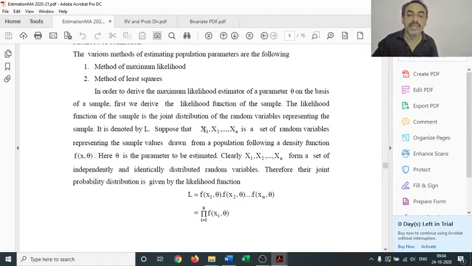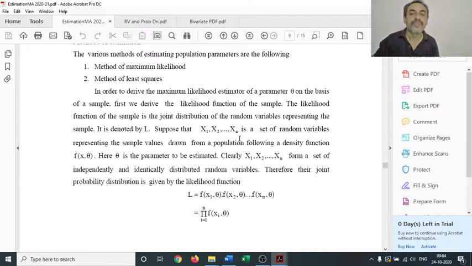If X1 is the variable representing the first unit of the sample, X2 the second unit, etc., Xn the nth unit, then the probability of capital X1 equal to small x1, capital X2 equal to small x2, etc., capital Xn equal to small xn is considered in that multivariate probability distribution, or in the likelihood function.